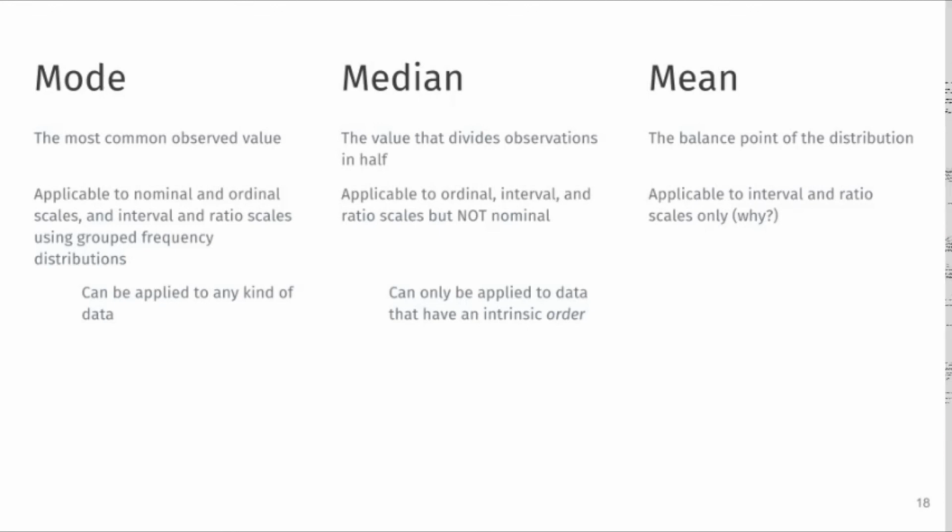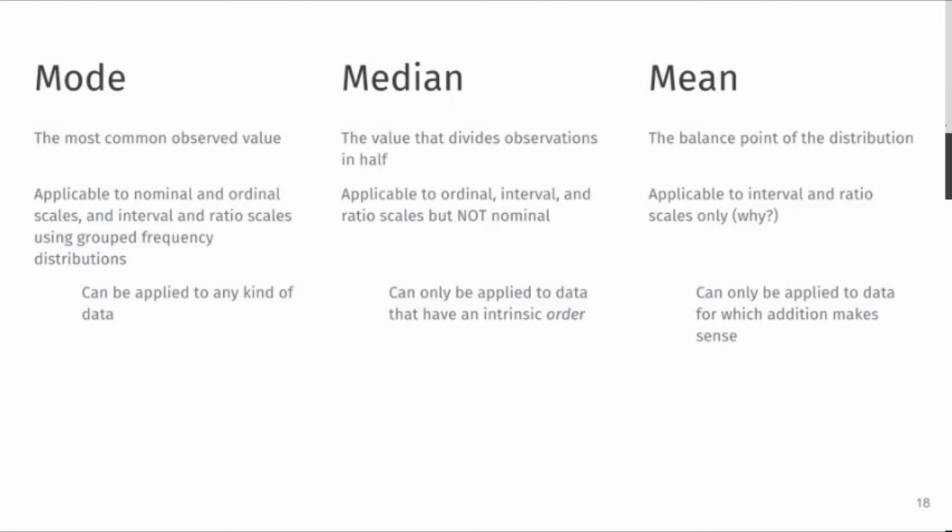That's just not possible. So the mean can only be applied to data for which the operation of addition, putting together two numbers, makes some sense. And that is only the case for interval or ratio scale data.